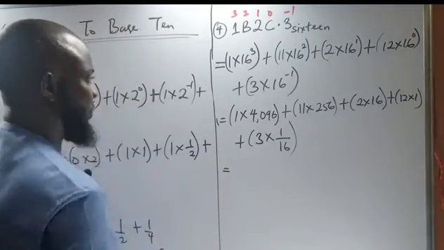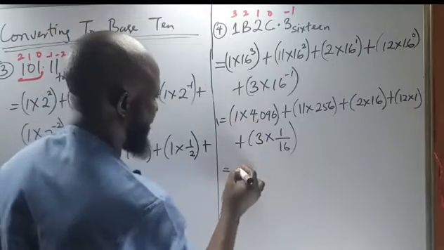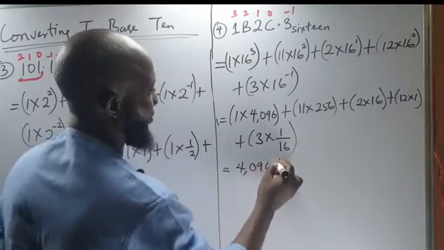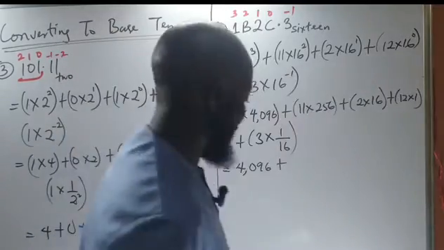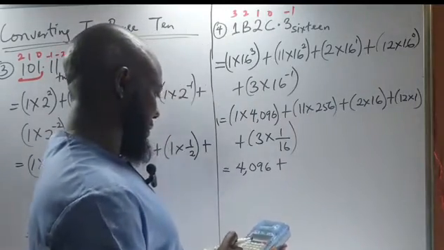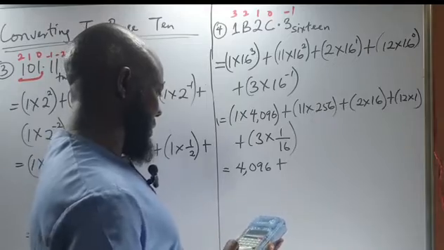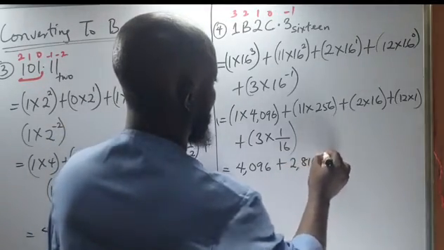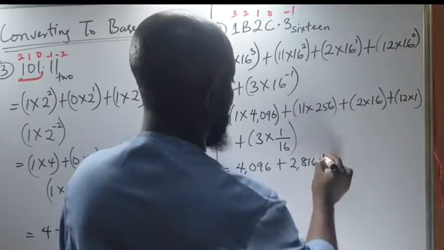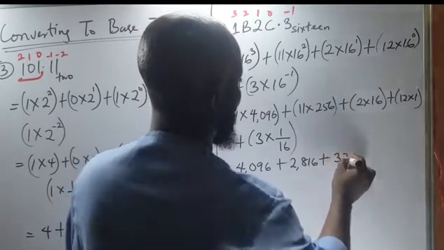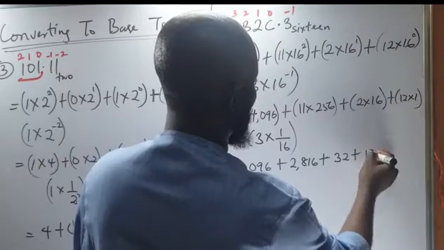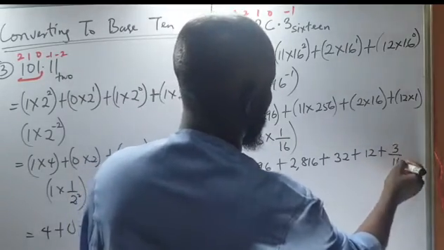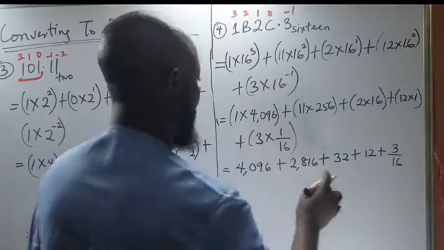Then we move to this. So 1 times this gives us 4,096 plus 11 times 256. That gives 2,816 plus 2 times 16, that is 32, plus 12 times 1, 12, plus this will give us 3 all over 16. So we add all these together.